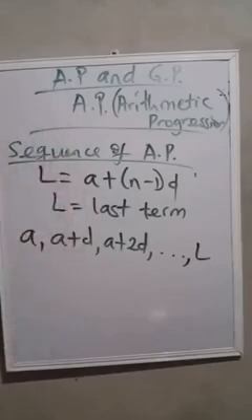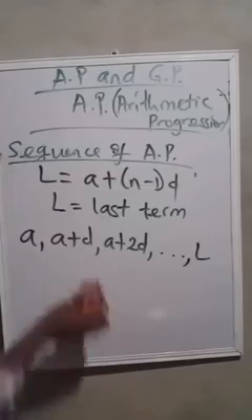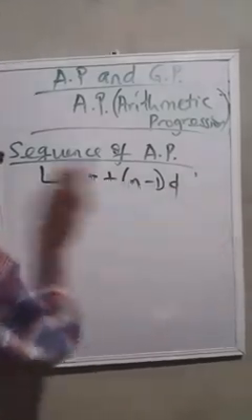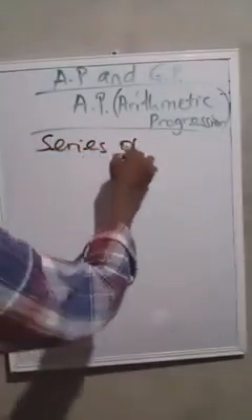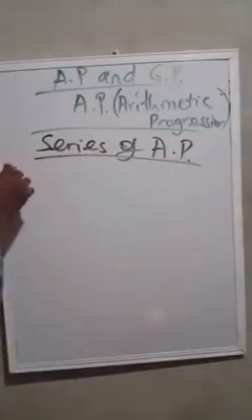So let's move to the series of an AP, when you are looking for the sum, or the summation, of an AP. Now the formula for the series of an AP is very simple.